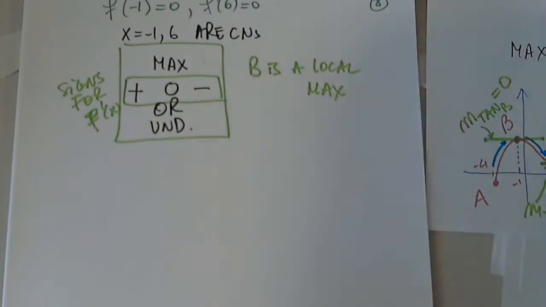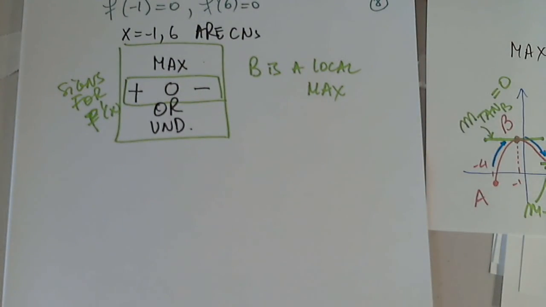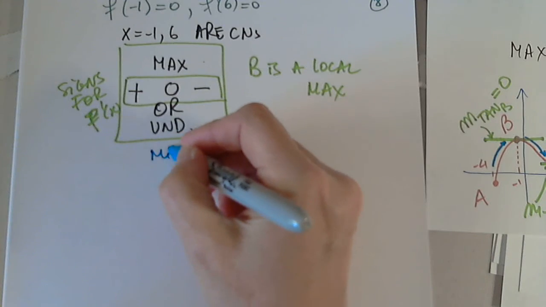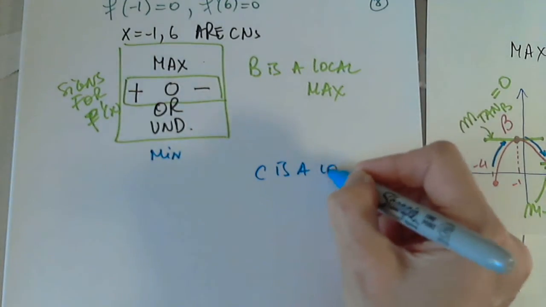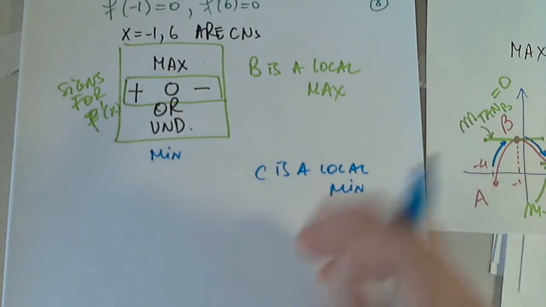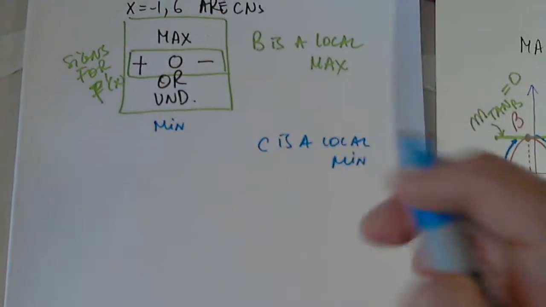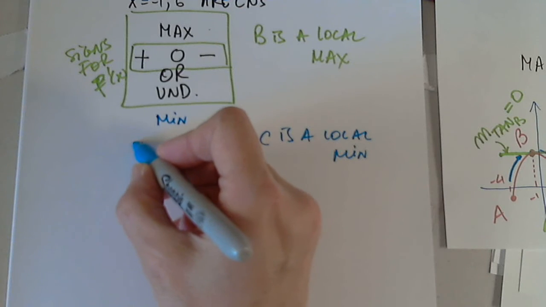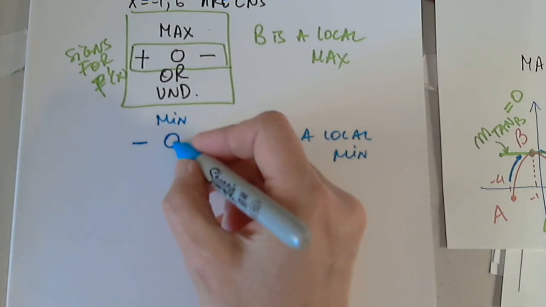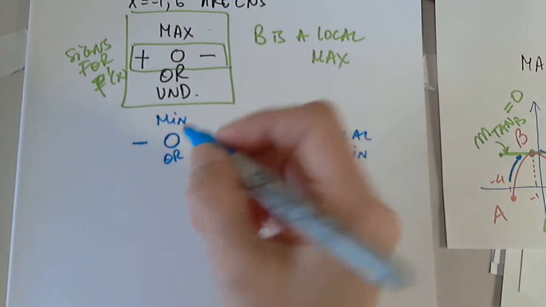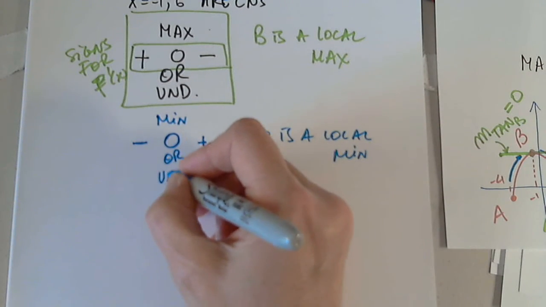Similarly, can anyone give us the signs for a minimum or local minimum? So obviously C is a local min because the derivative changes sign from negative to 0 to positive. 0, or because we know, it can be undefined.